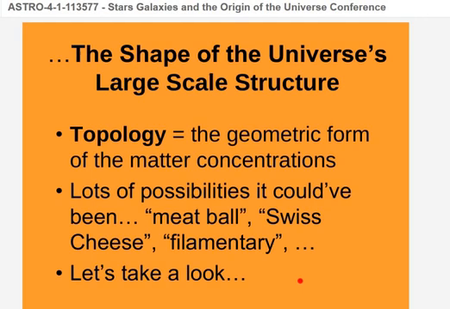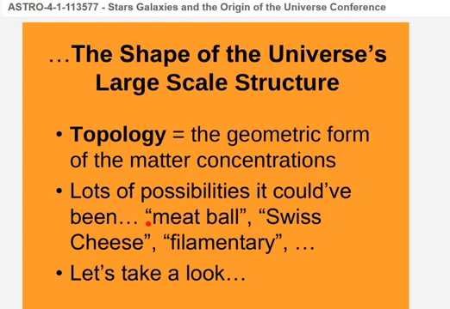We want to know, how can the structure of the universe tell us the nature of the matter that is really the gravity pulling stuff together and letting us see what we see? And so now we get to what we call topology, the geometric form of the matter concentrations in the universe. There are lots of possibilities.